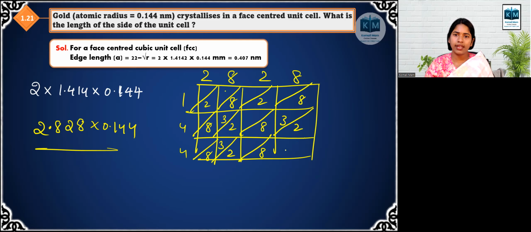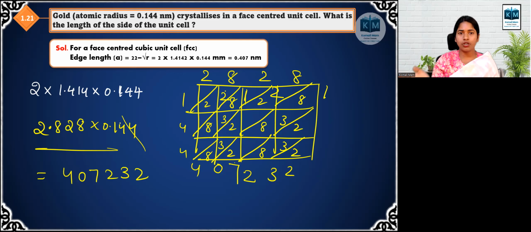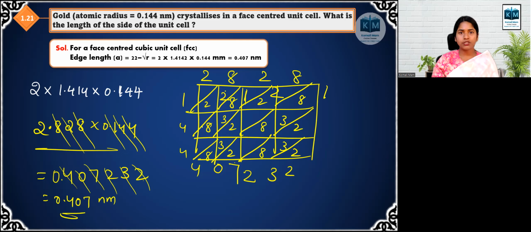Okay, I got 4, 0, 7, 2, 3, 2. Total how many decimals did I just remove? 1, 2, 3, 4, 5, 6. So the answer will be around 0.407, and all are in nanometers, which we have taken.